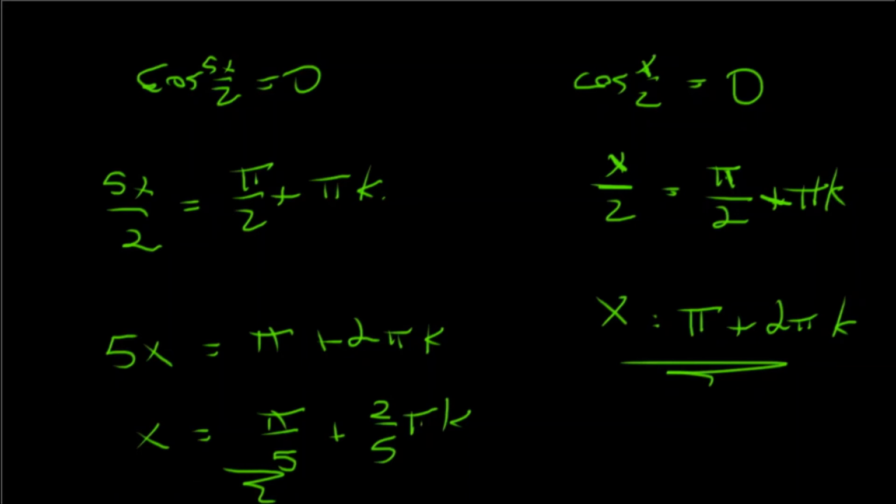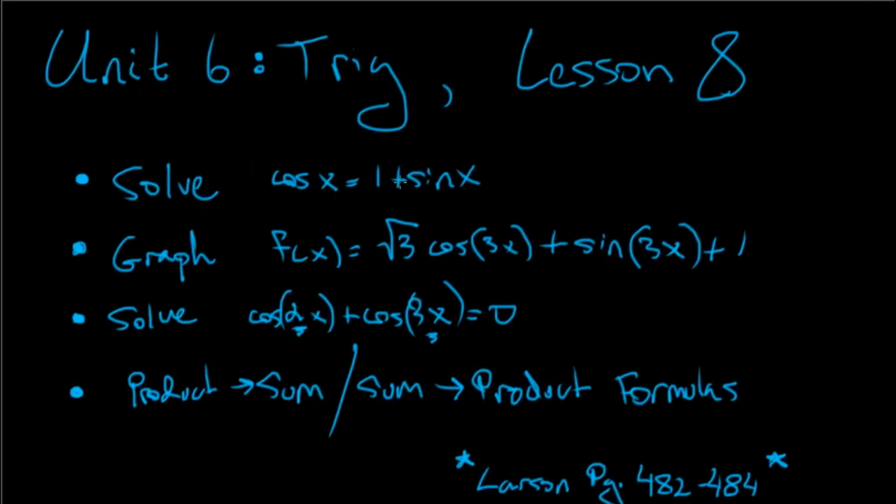So the last thing I'm going to do in this video, we've solved cosine x equals 1 plus sine x cleverly. We have graphed this function in a clever way. And then we solved this with our new sum to product formulas. I'm going to prove one set of the product to sum and sum to product formulas, and that is one of a set of 4. So there are 8 total formulas. I'm going to show you 2 of them, and then we're going to call it a day here on this video.